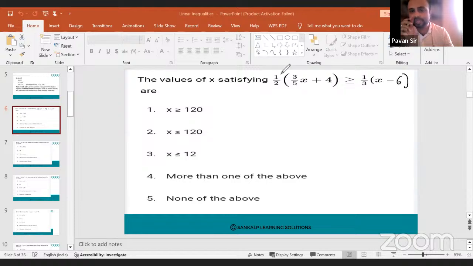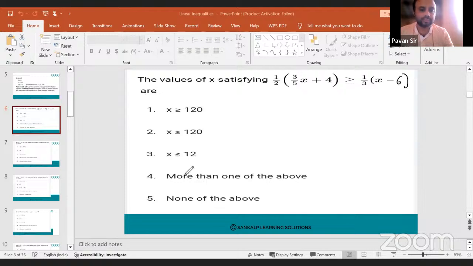Half into bracket 3 by 5 into x plus 4 is greater than or equal to 1 by 3 into bracket x minus 6. Which option is correct? First one is x is greater than or equal to 120, x is less than or equal to 120, x is less than or equal to 12, more than one of the above, or none of the above. For more than one of the above, you have to use it if you got some other value.